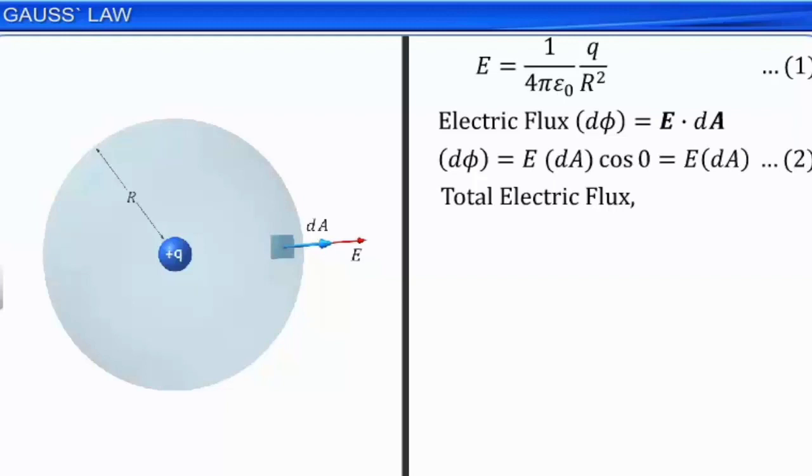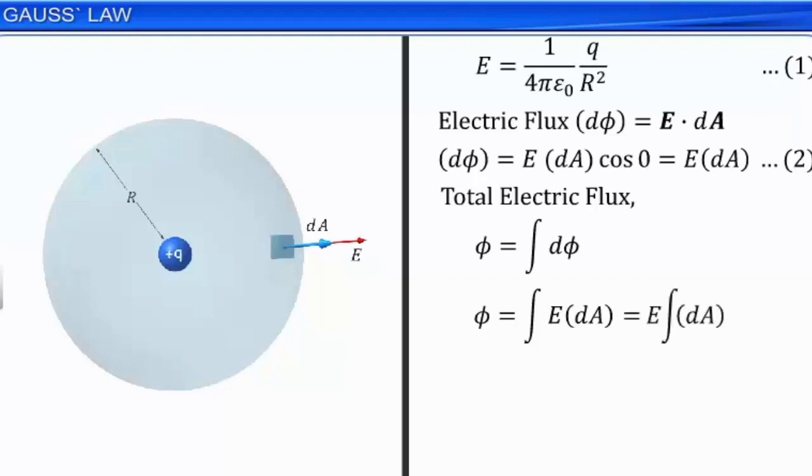The total electric flux can also be referred to as the net electric flux. Since E is constant in magnitude for all points on the Gaussian surface, we have integral E dA is equal to E into integral dA. We know that integral dA is equal to A, which is the area of the Gaussian surface considered.